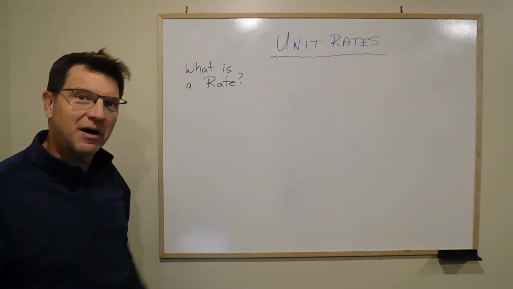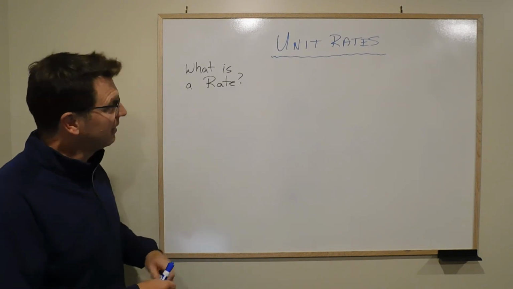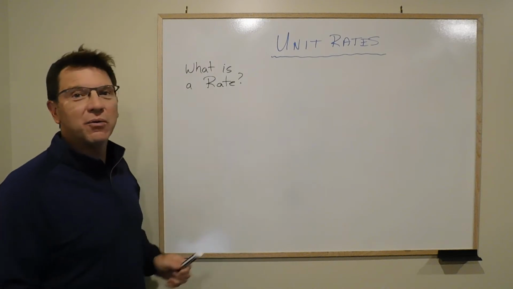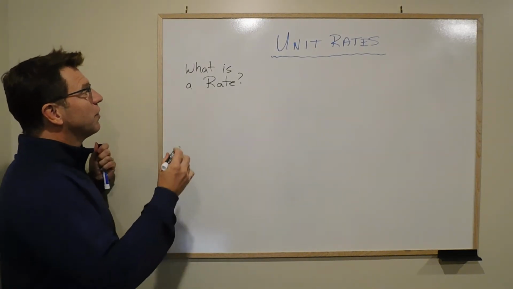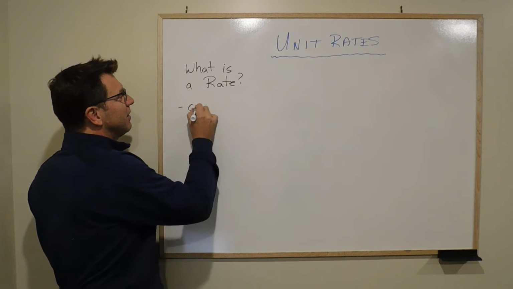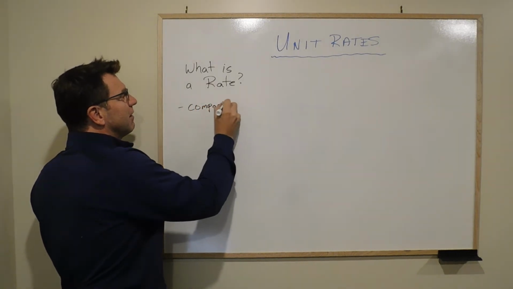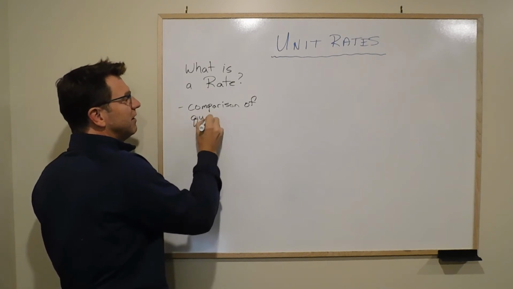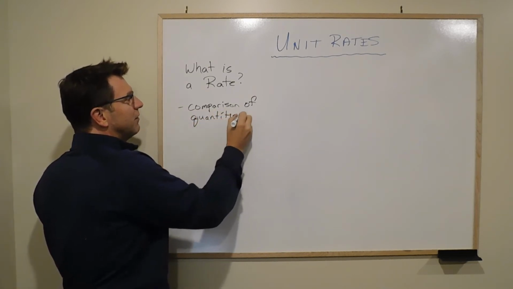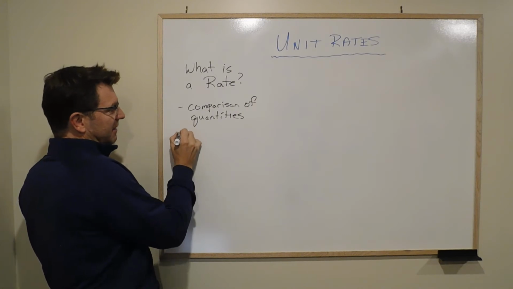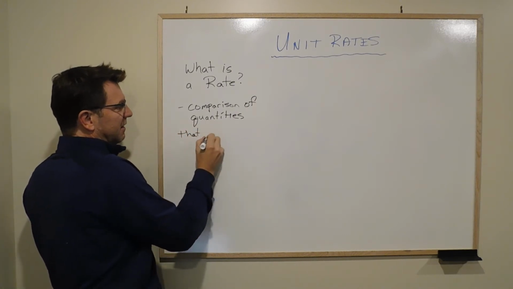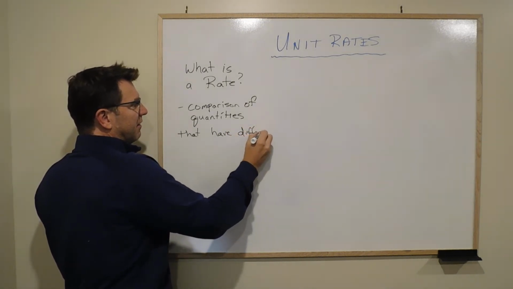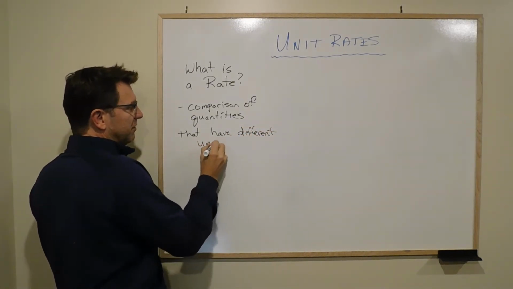And I know you've gone through a couple of slides to get to this point, but just to recap, before we talk about unit rates, let's talk about what a rate is, just a little review. So a rate is a comparison of quantities, so of two things, quantities, the fancy word for saying of two things that have different units.